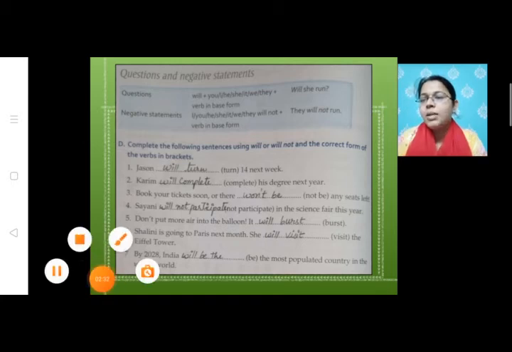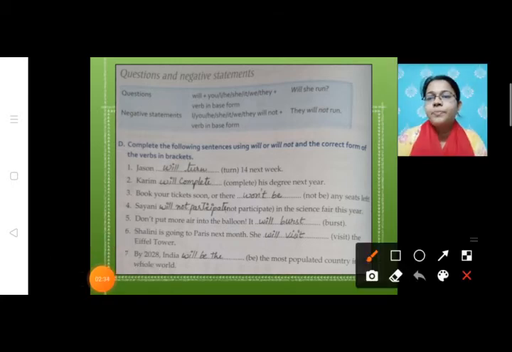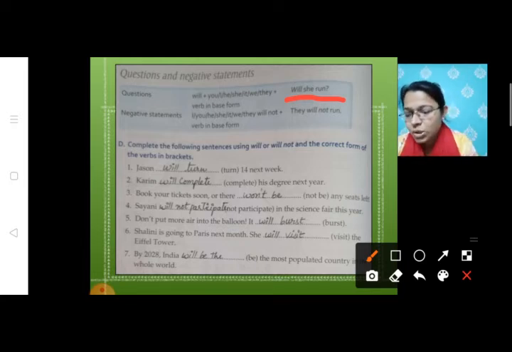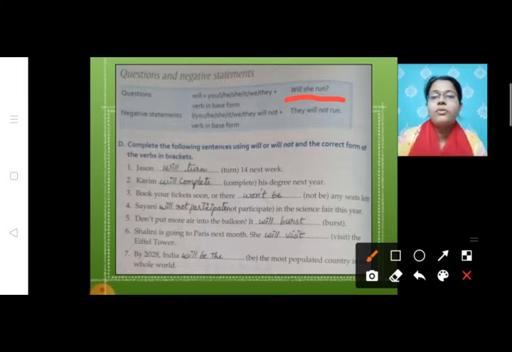The example given over here is will she run? In this question, you can see that they have written the word will first, then the subject, that is she, because she is carrying out the action run, and then run is the base form of the verb. As I told you, base form is always the present form of the verb.